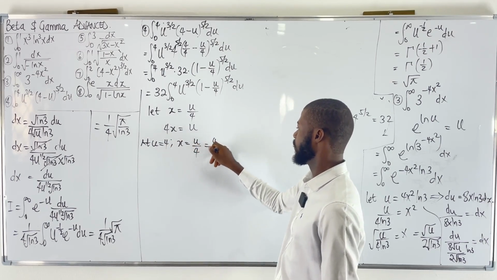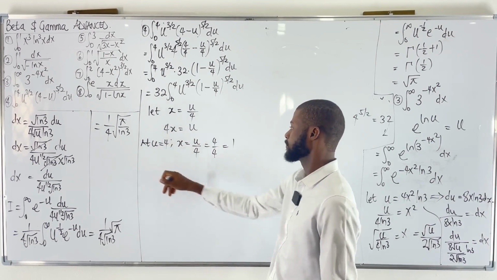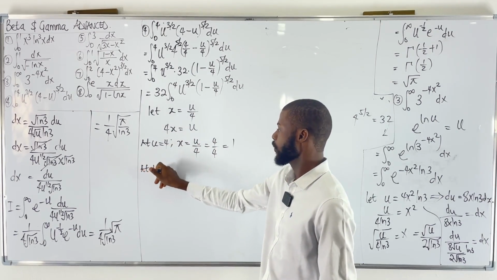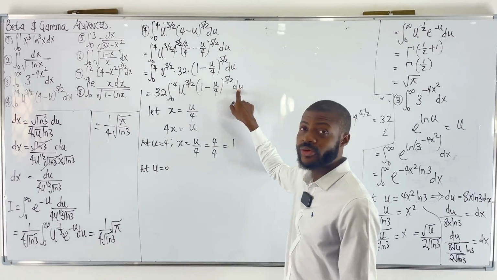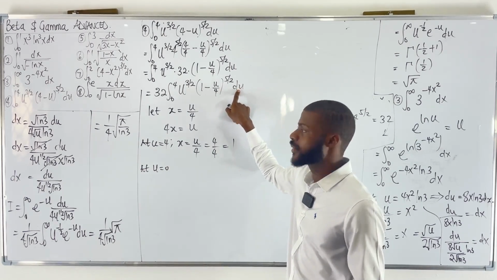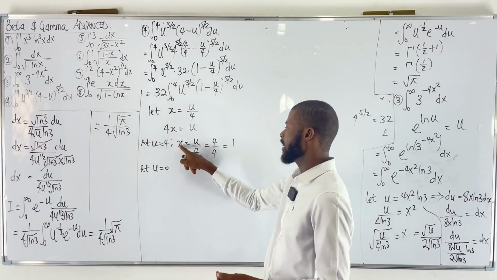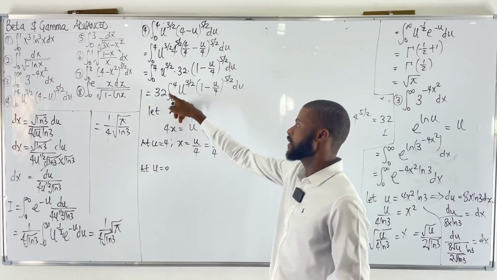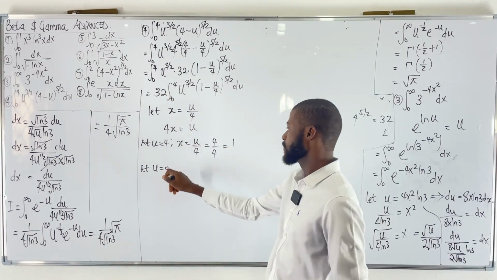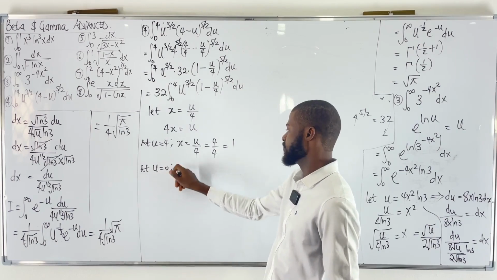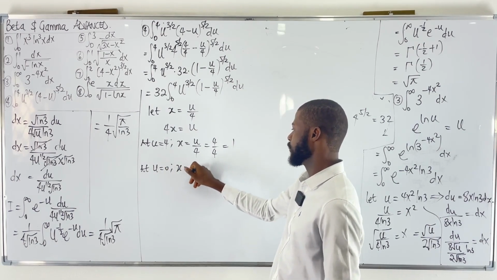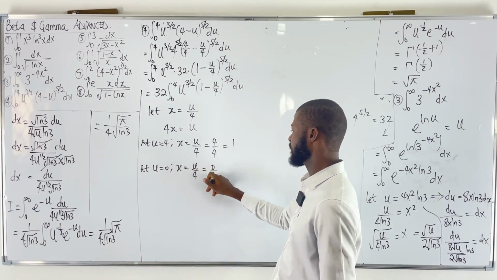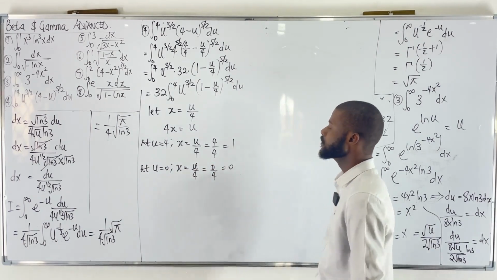So this will become 4 over 4, which is 1. Then at u equal to 0, remember that the original function is actually with respect to u. We are the ones changing it to x. So we need to find the value of x at each limit. So when u is equal to 0, we know that x is u over 4. So that's 0 over 4, which is 0.